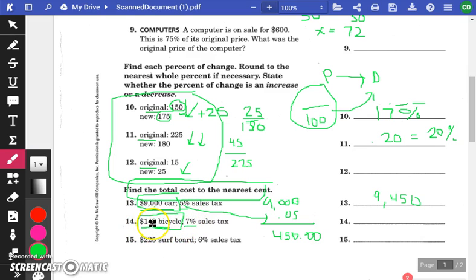So for example, $140 plus 7% sales tax would be $9.80. So it's $140 plus the $9.80. How did I get $9.80? Well, what I did is I multiplied, once again, the 140 times the 0.07.